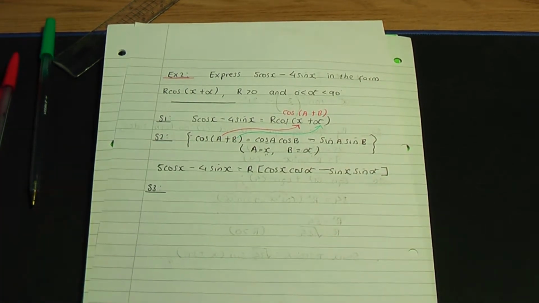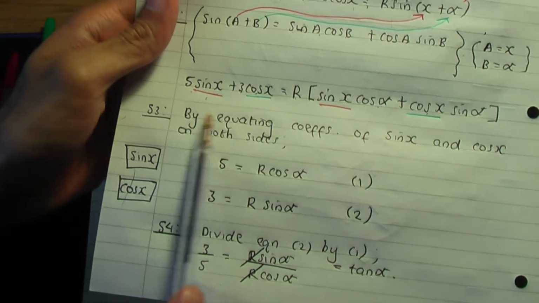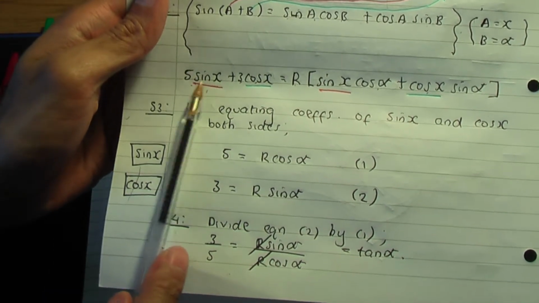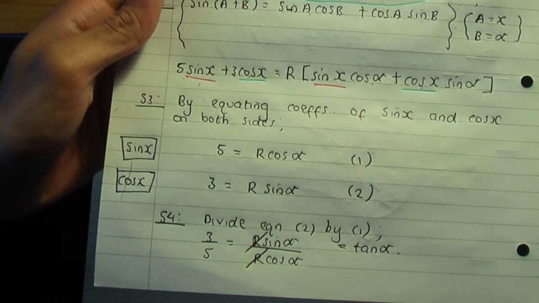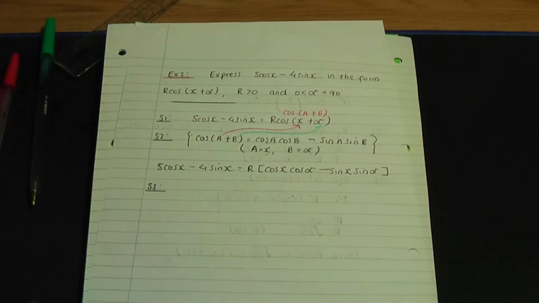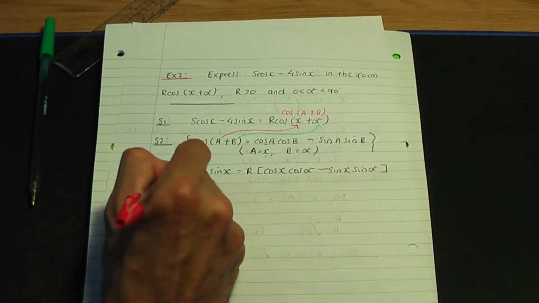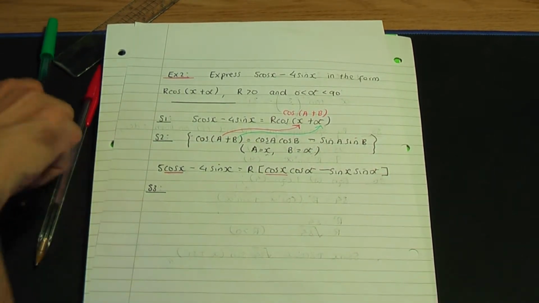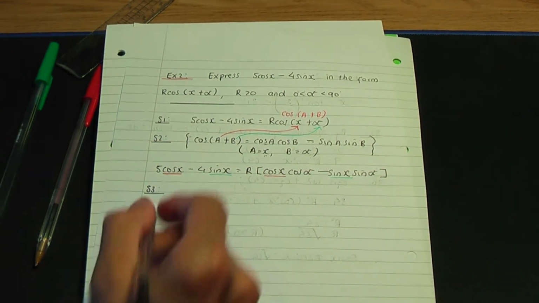Let's have a look at step number 3. Remember, in the last example, step number 3 is to equate the coefficients of whatever the first term is and whatever the second term is later on both sides. So looking at step number 2, the first term is cos, so we need to equate the coefficients of cos x first, and then we'll equate the coefficients of sin x later.